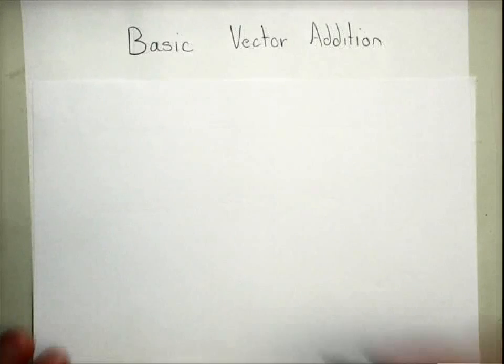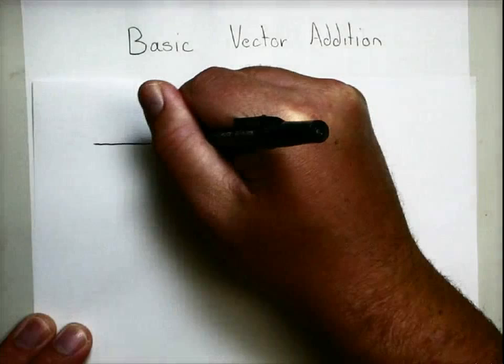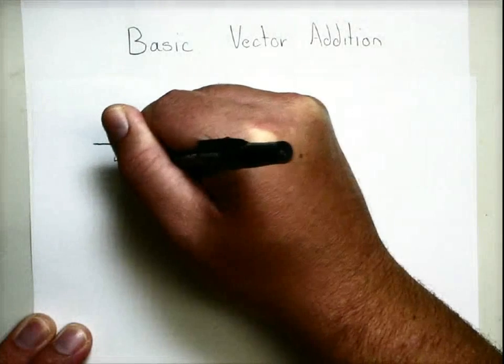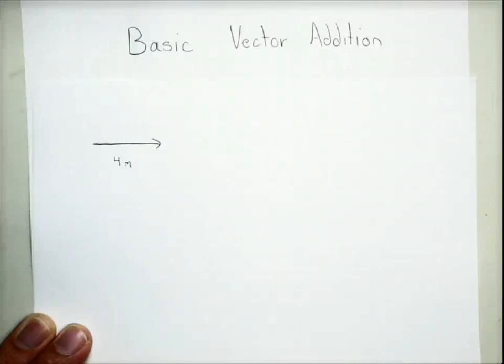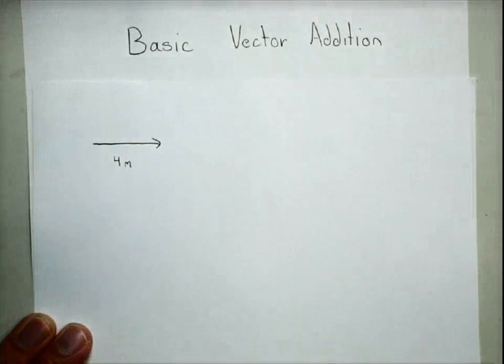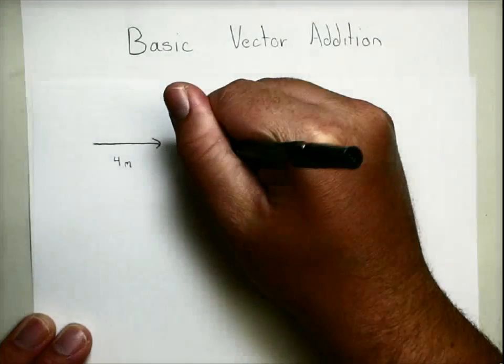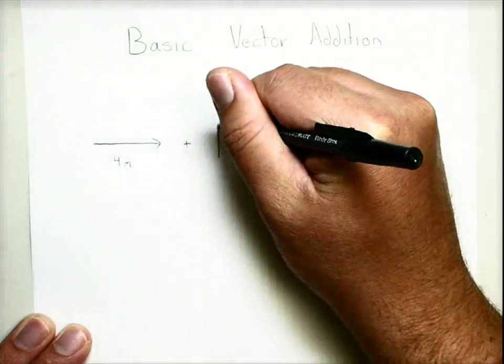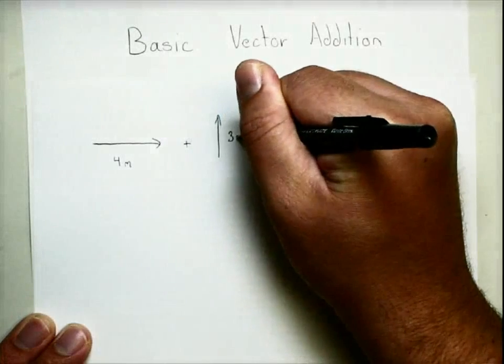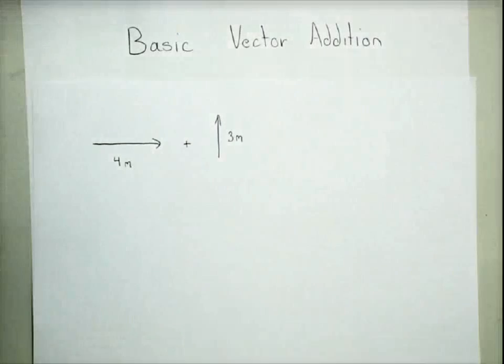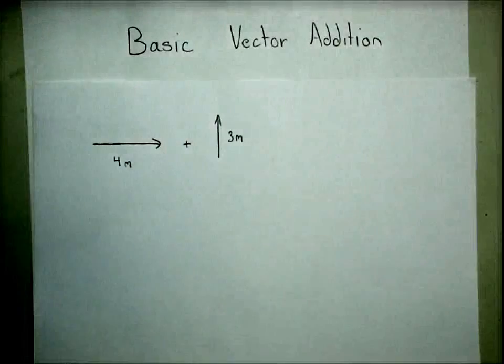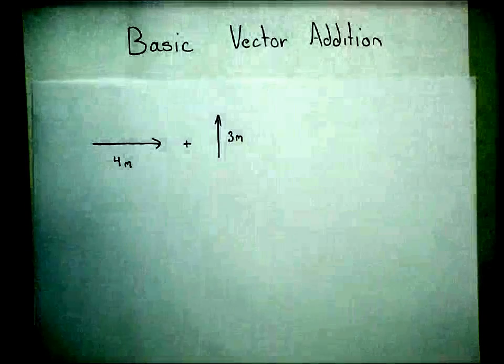So here we go. Let's take one vector and we'll use our standard 4 meters to the right vector that we've been playing with. But now let's add that instead to our 3 meter upward vector. Now on this one, we obviously can't just do what we did.